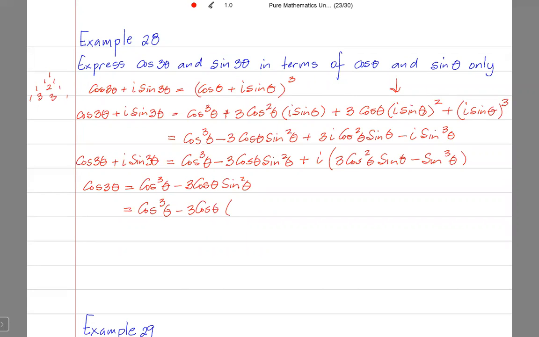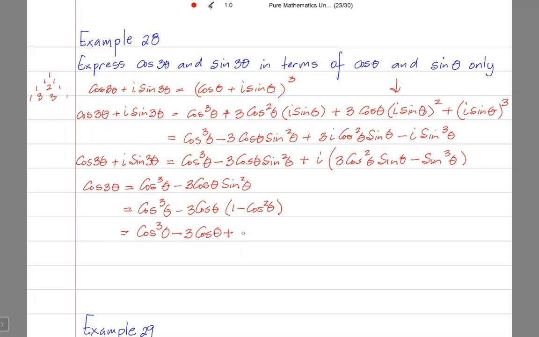Sine square theta is the same as saying 1 minus cos squared theta. Anybody have any problems with that? No? I don't think anybody should. This is going to be equal to cos cube theta, applying distributive law, minus 3 cos theta. A negative times a negative is a positive.